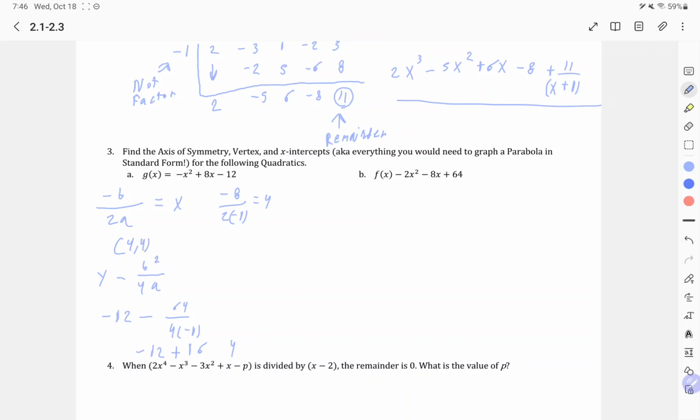And now all we have to do is find our x-intercepts. So to do that, first I'm going to factor out a negative, so we can write this properly without any mistakes. 8x plus 12, I believe. And then, okay, now what do we do? We do the guess and check method.